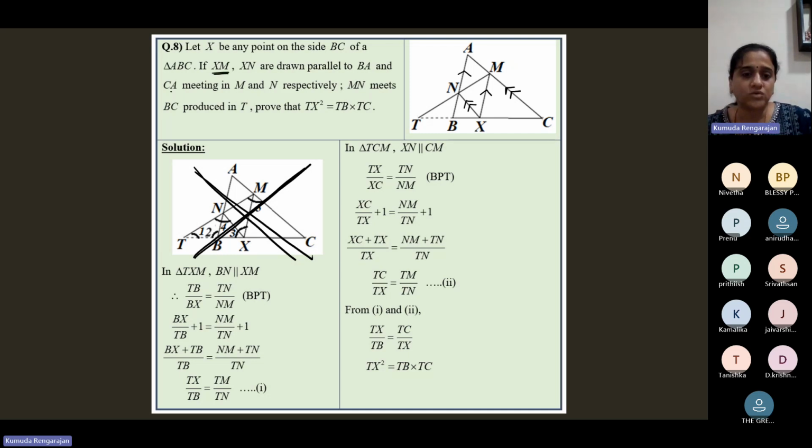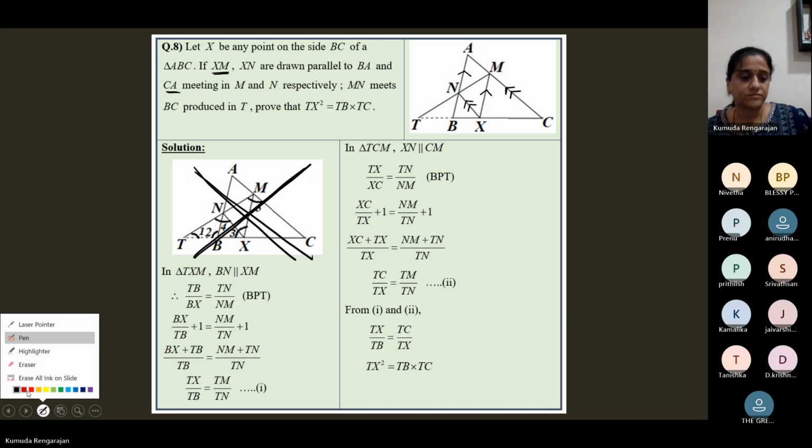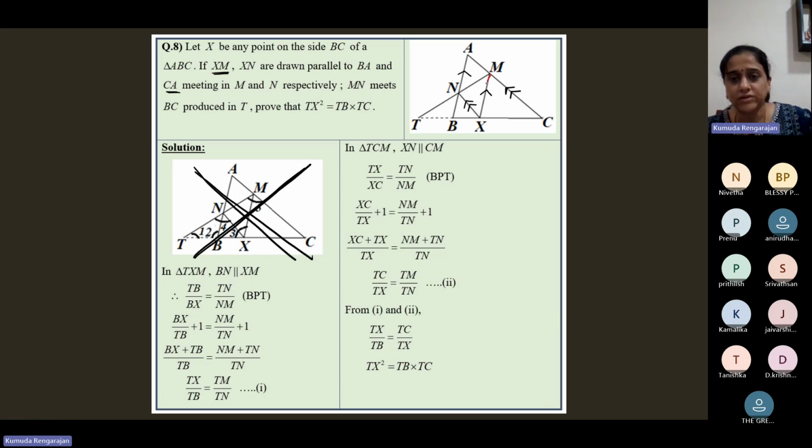XM is parallel to CA, right? XM, this one is XM. And which is CA? Oh, XM is parallel to BA, sorry. XM is parallel to BA.